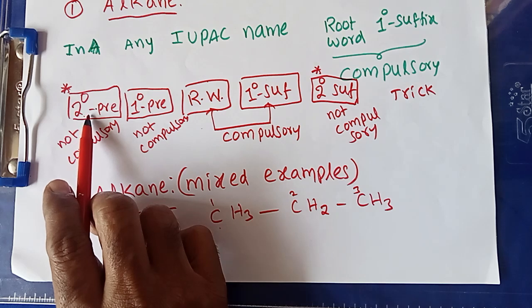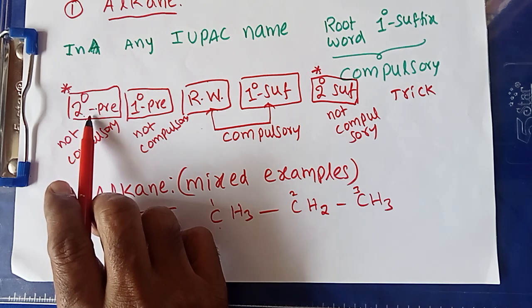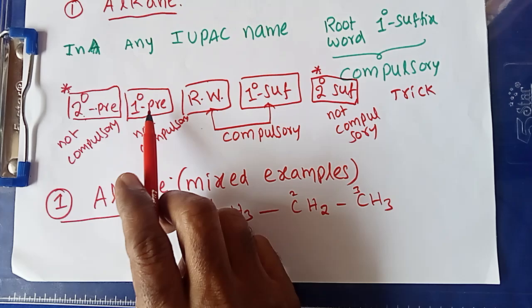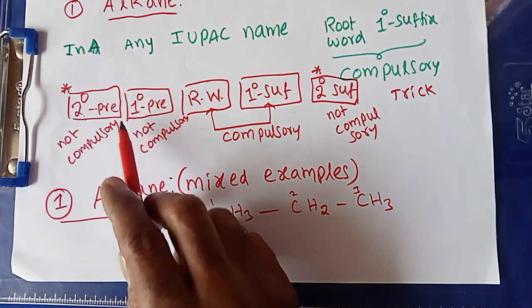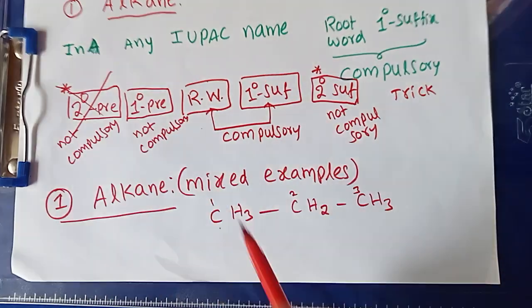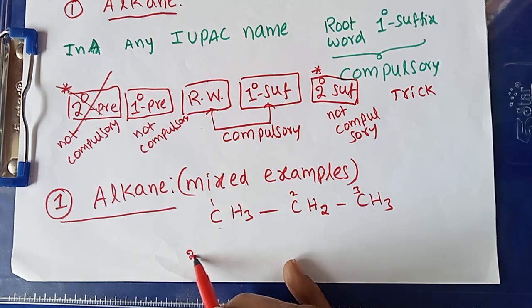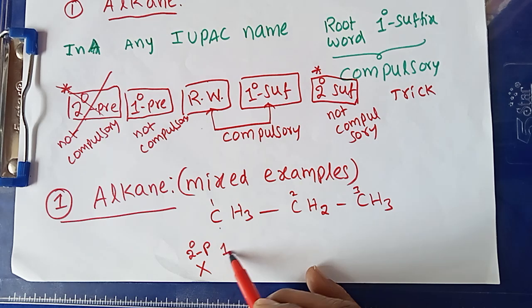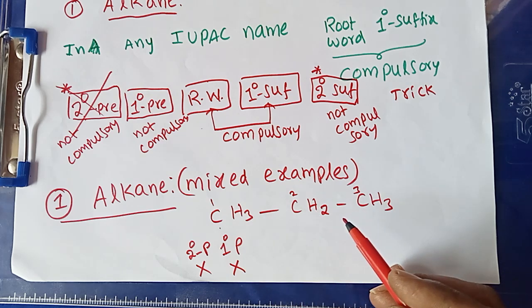And secondary prefix also explains the least priority functional groups; there is no functional group. Next, primary prefix. Secondary prefix is not present. Primary prefix is also not present, because it is for cyclic, and in this one there is no cyclic thing.